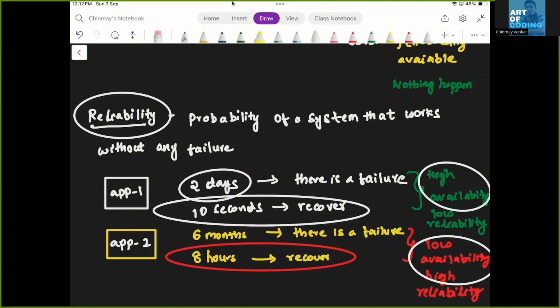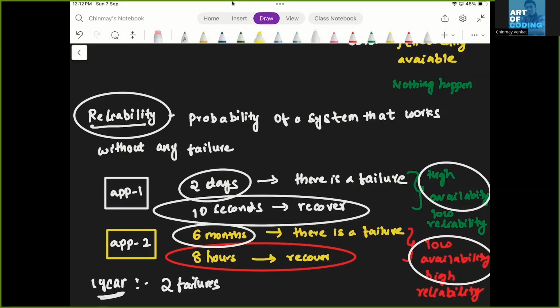Here it is every 6 months. If you take the statistics per year, how many failures will app 2 have? 2 failures.